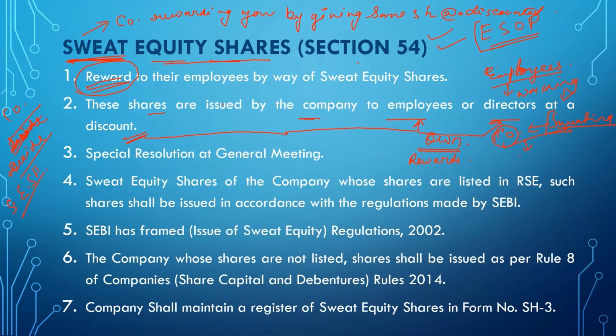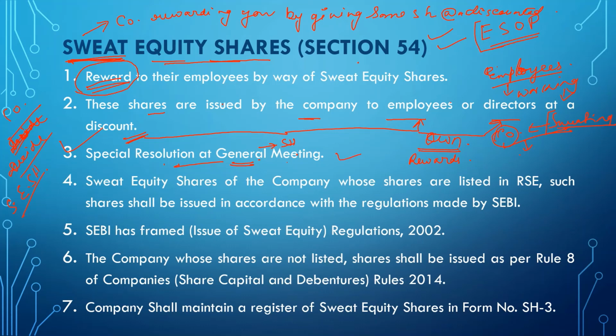First is a special resolution in a general meeting, because they have to take permission from the shareholders. What is a general meeting? The shareholders' meeting. They have to take permission from the shareholders that they want to give shares at a discounted rate to these employees or directors. That permission needs to be given by the shareholders in the general meeting. So the first step is SR at GM.